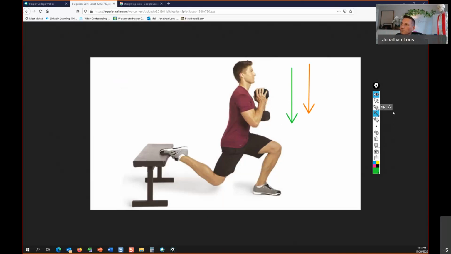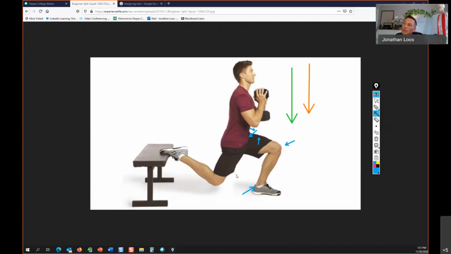Now we're going to look at the joint action at the hip, the knee, and the ankle. At the hip, what's happening here? Flexion. That's getting closer, so that's hip flexion. What's happening at the knee? Knee flexion. And at the ankle? Ankle dorsiflexion. This is your standard triple extension, or in this case, going with the eccentric phase, flexion, flexion, flexion.